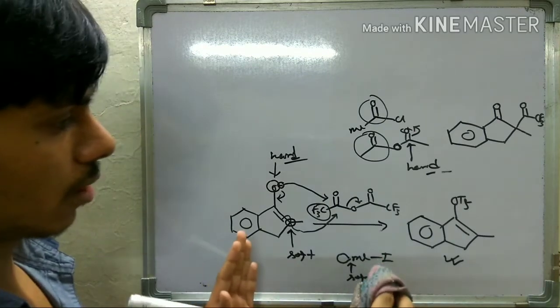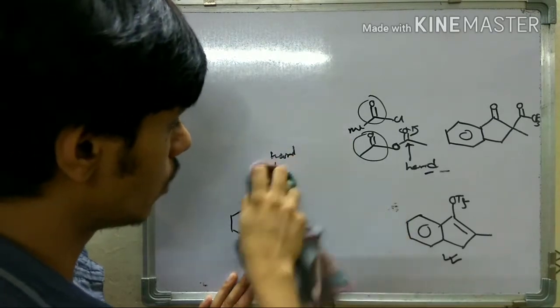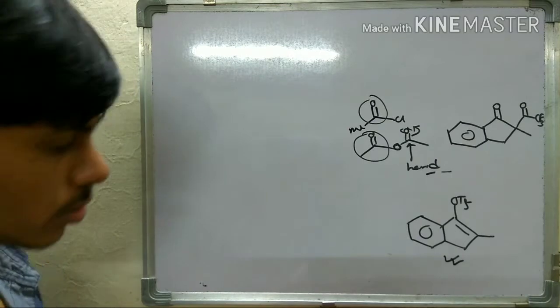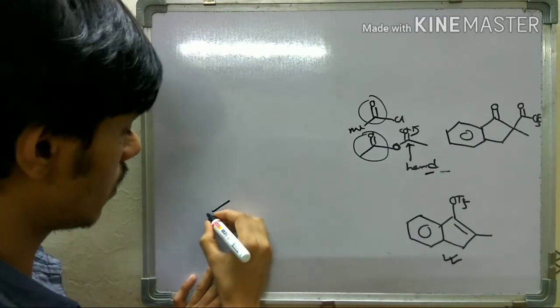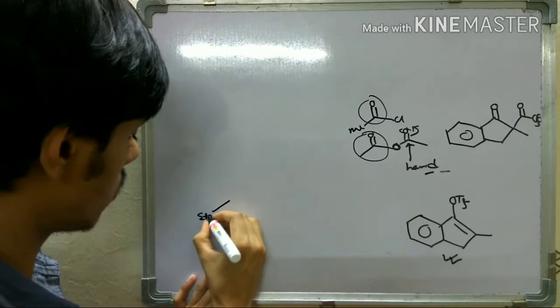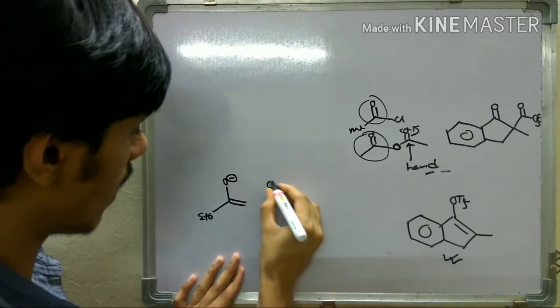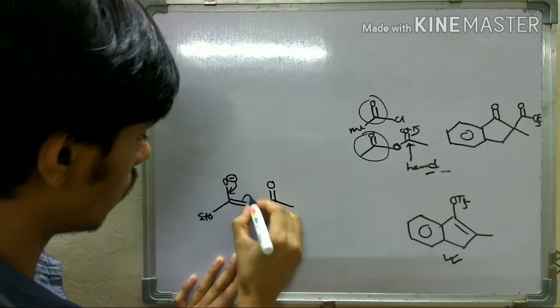Normally O-acylation occurs, but you already know that C-acylation is also there, because of the Claisen ester condensation. What happens in Claisen ester condensation? You have this enolate and another ester molecule will react with this enolate.